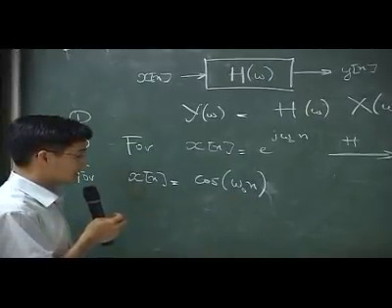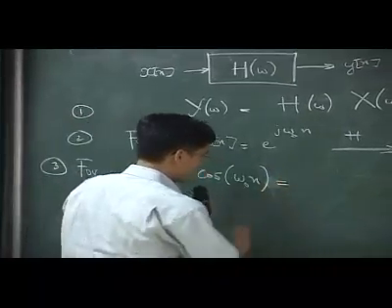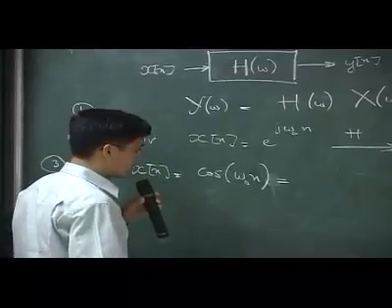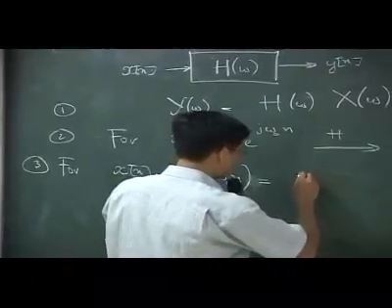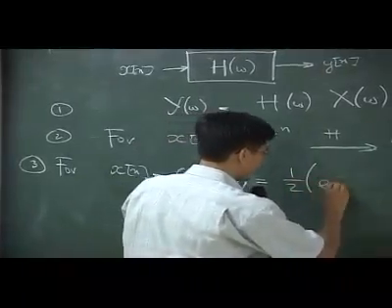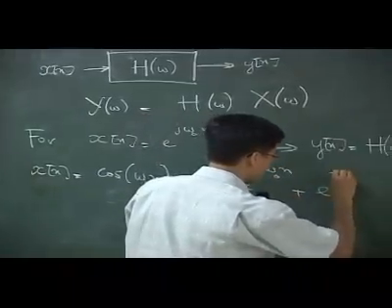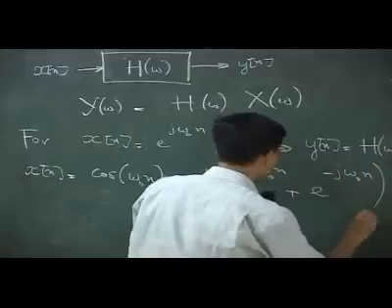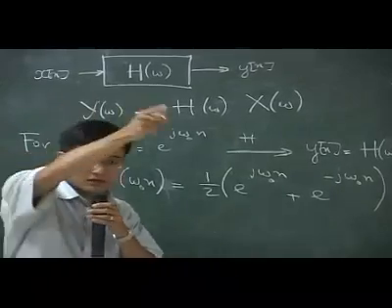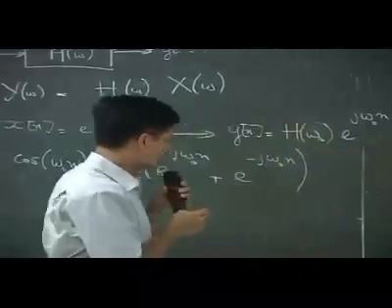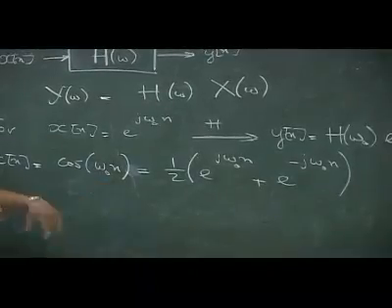It can be written using the Euler formula: this is equal to 1 over 2 times e^{j omega naught n} plus e^{-j omega naught n}. So I consider this signal, which is not hard to imagine. It's an oscillating signal with a certain frequency, omega naught. I fix omega naught, I have that signal.